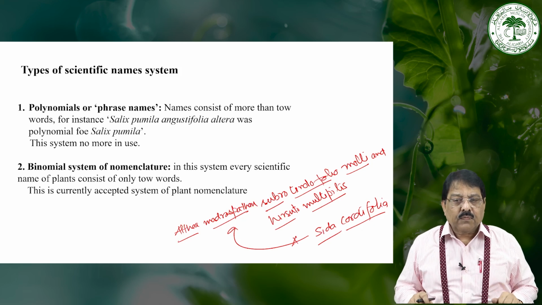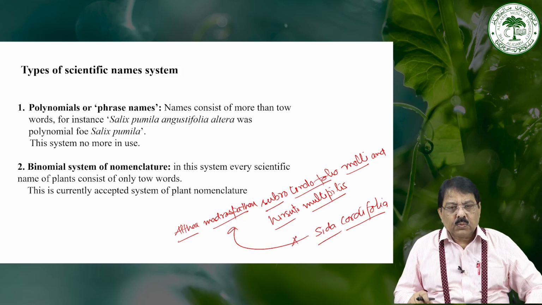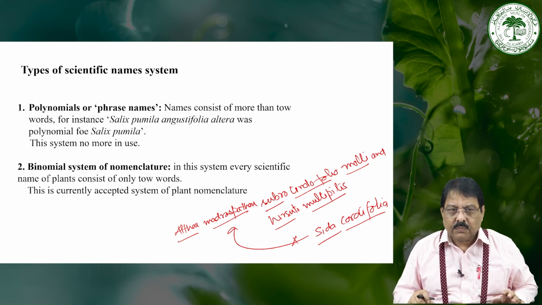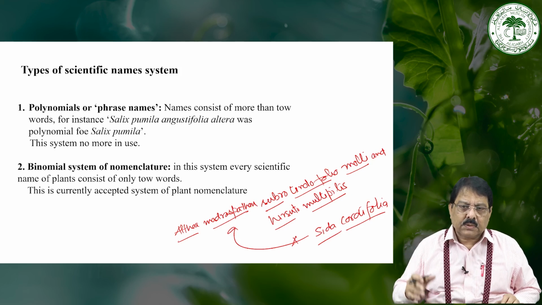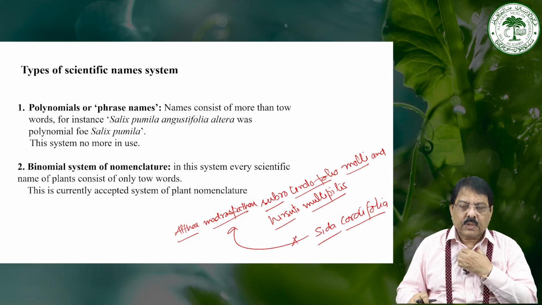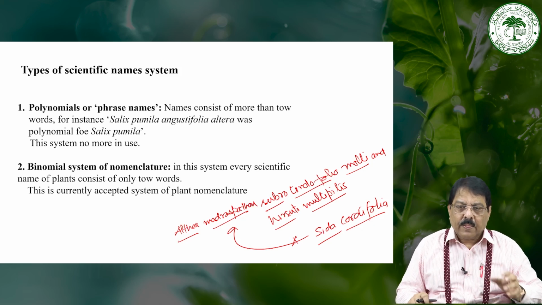So it was very difficult to remember even a few names with the polynomial nomenclature, which included a short description about the plant in the name.